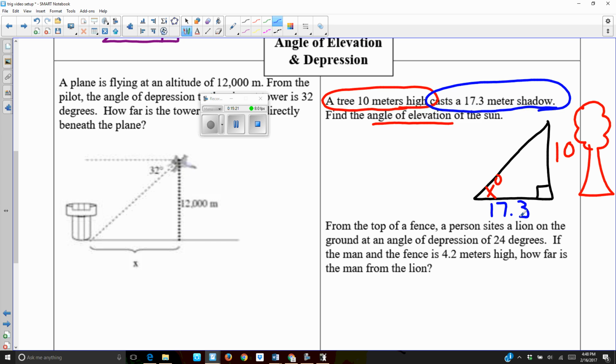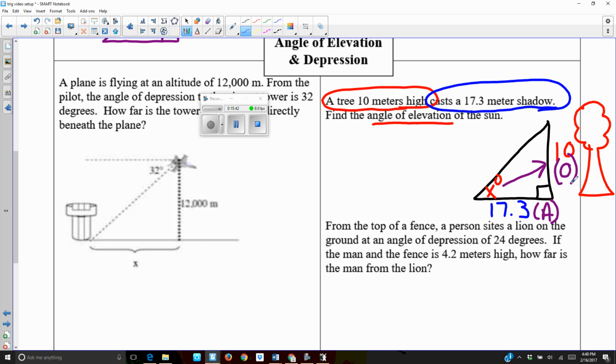So now that you have a picture drawn, really it's just like all the problems we've done previously. We're attempting to find the angle here. So again, you're going to use the second key in your calculator. You should recognize 10 is the opposite side from x. 17.3 is your adjacent side from x.